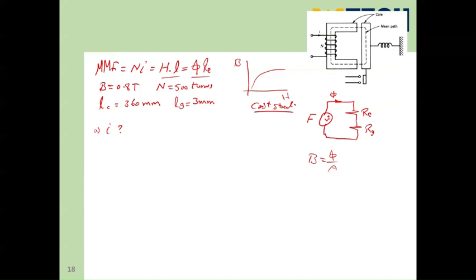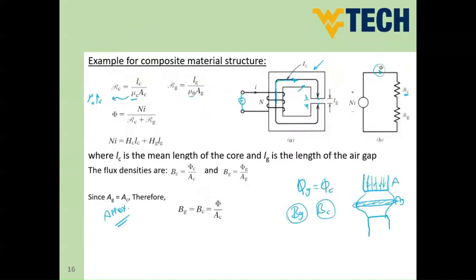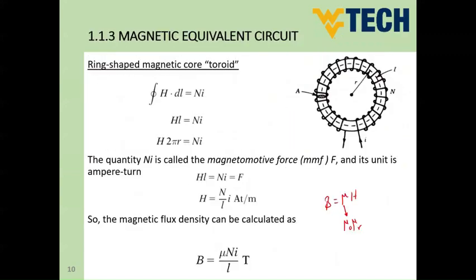However, we have B, and we have the BH curve of the cast steel. So what we can do is get the value of H core at 0.8 Tesla from the cast steel BH curve. This is the task now. How can we do that? Let's go back to the cast steel characteristic here.